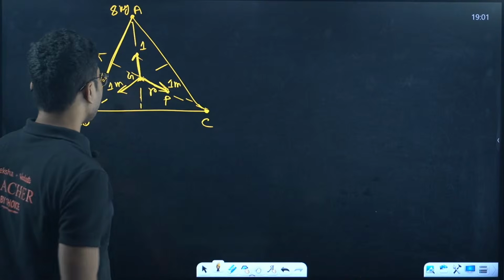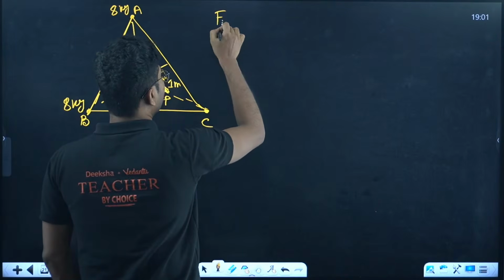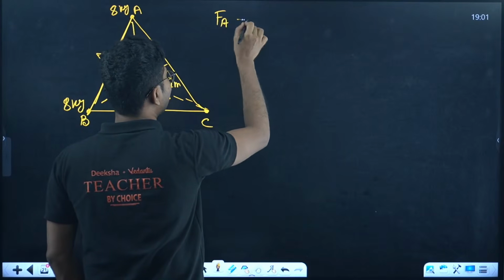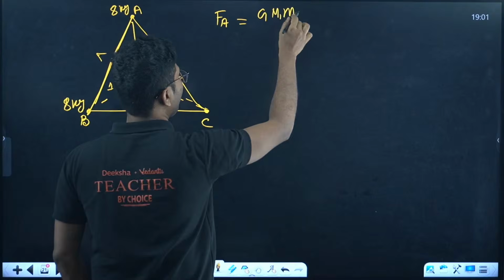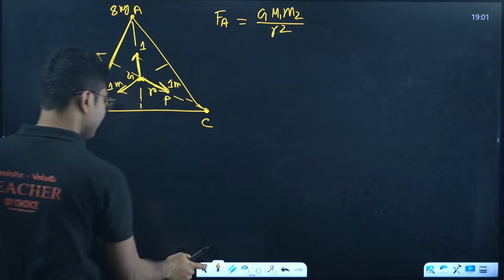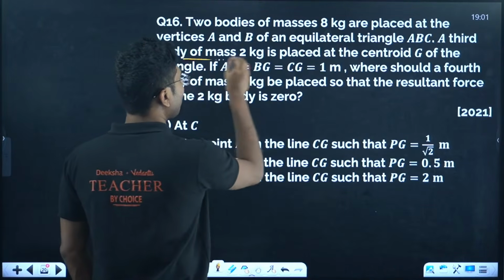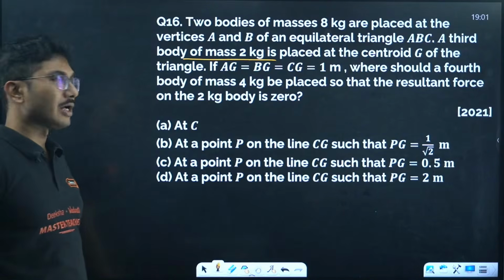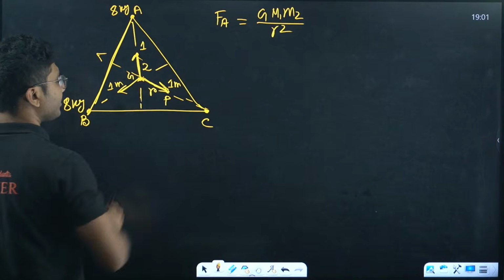Now what is this 8 kg force? Force 1 or force A, say, that is given by G m1 m2 by r square. In the problem it is mentioned that a body of mass 2 kilograms is placed at the center. So here the mass is 2 kilograms, right?